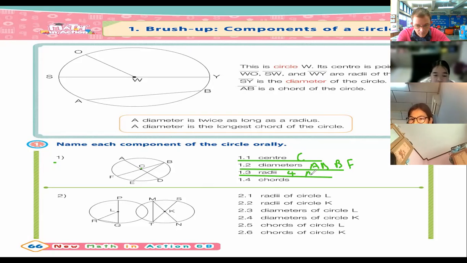AC, CD, FC, and CB. Those are the four radii lines. And then there's one chord. What is the name of the chord? The letters over there? EB.